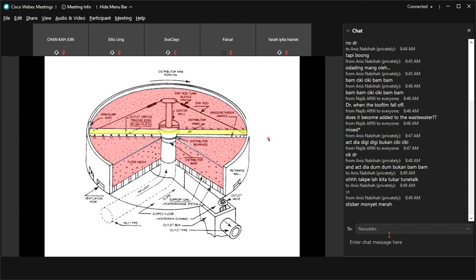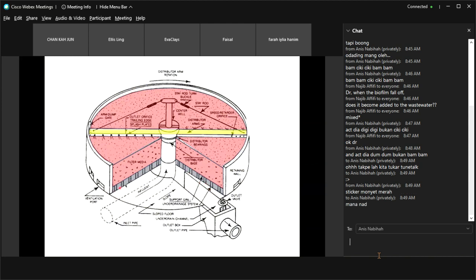This is the media where the microorganism will form the biofilm. And the filter media is supported by the under drain system. Okay, the gray one. So this is the under drain system. So there are three components for this trickling filter, and also biotower, which is the distributor, the media, and also the under drain.